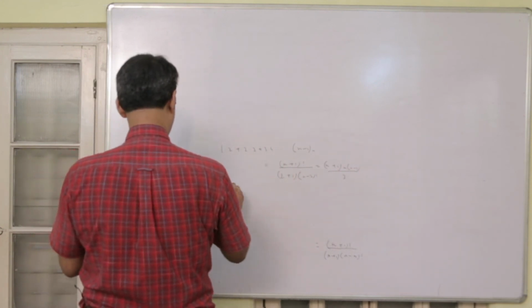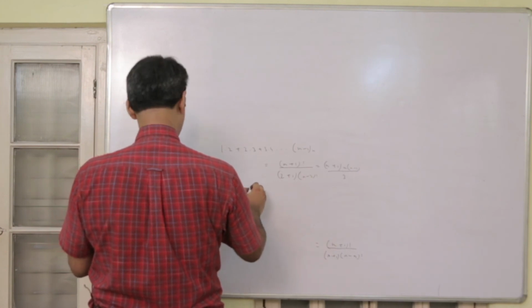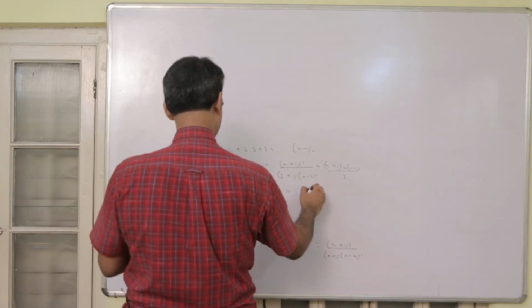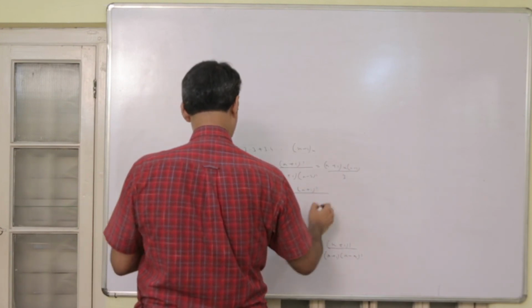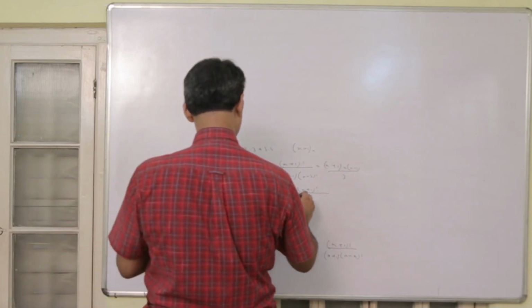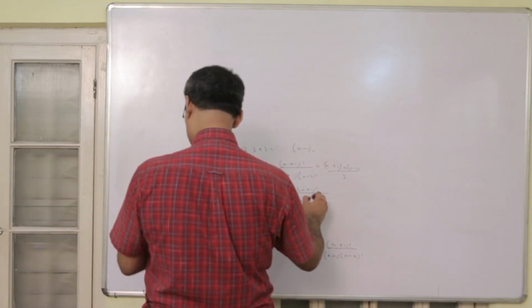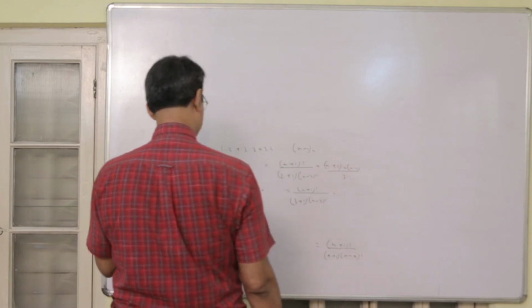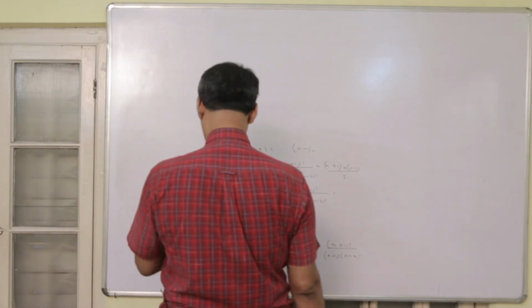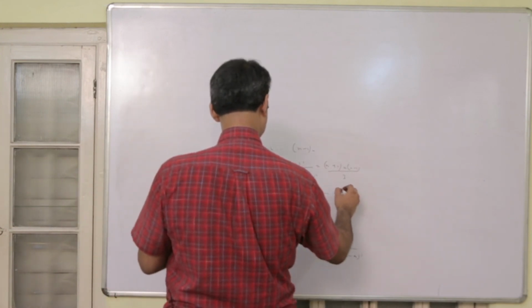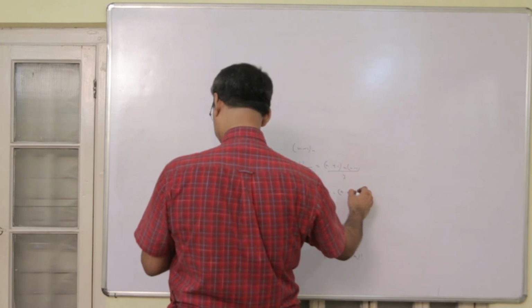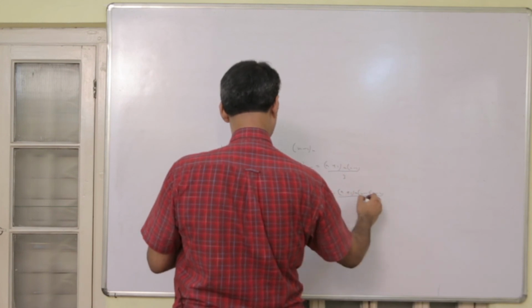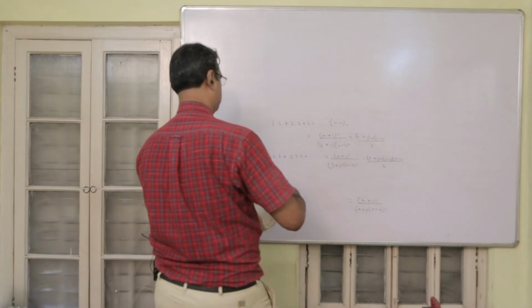Suppose we want to find the sum of a series like this. So n plus 1 factorial by 3 plus 1 into n minus 3 factorial, so this will be the answer.